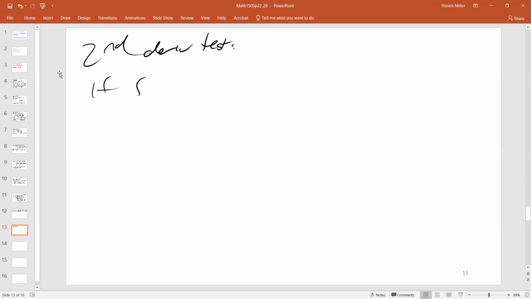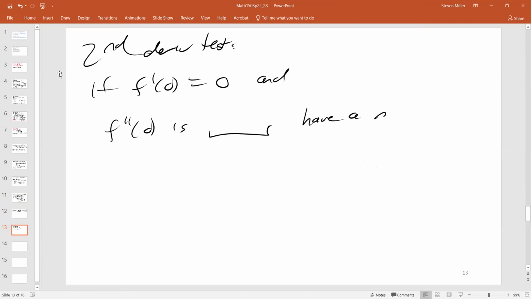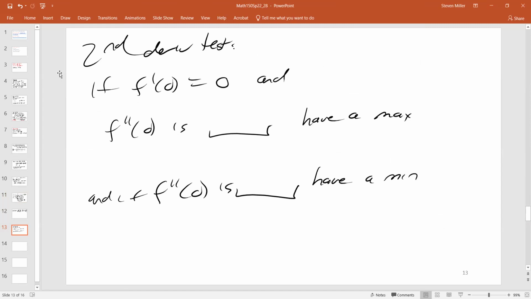So if f prime of 0 equals 0 and f double prime of 0 is negative, you have a max. And if f double prime of 0 is positive, you have a min.